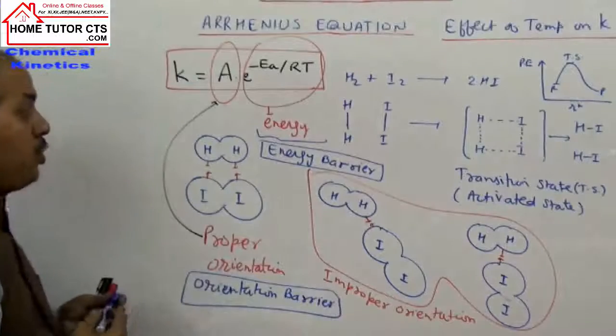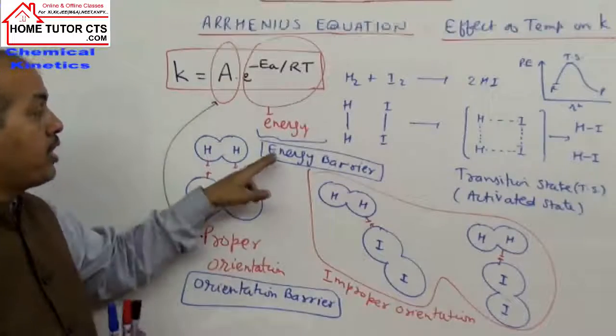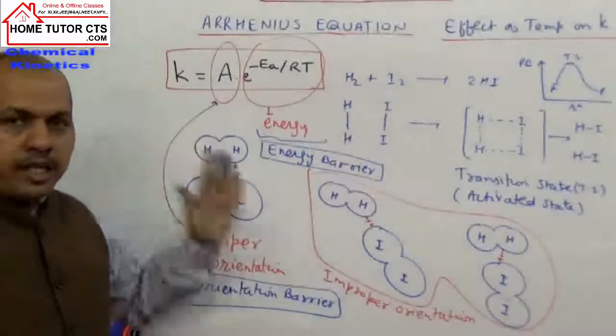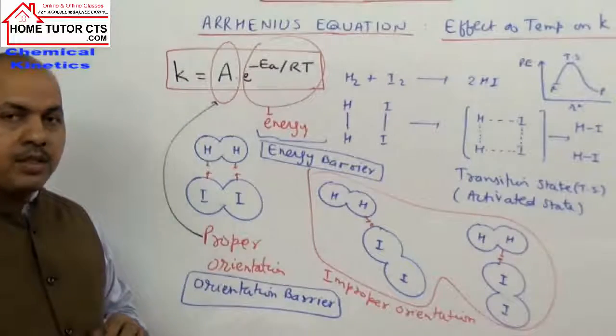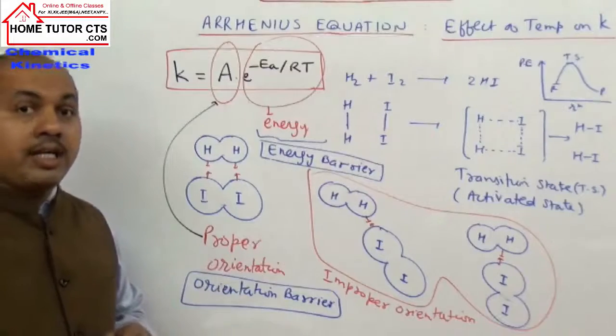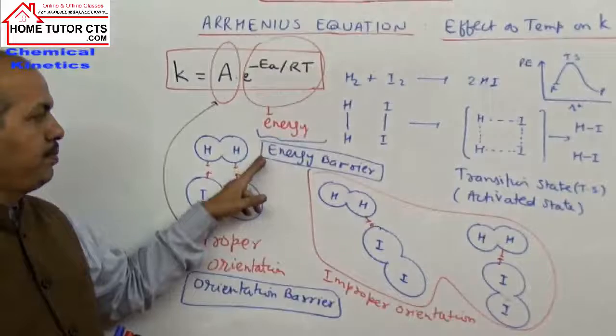For a collision to be effective in nature, there are two barriers. One is called the energy barrier. That means they should have sufficient energy to convert to product. How much energy should they have? They must possess energy at least equal to or more than the threshold energy.